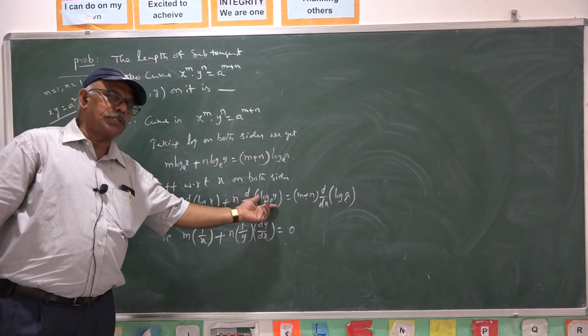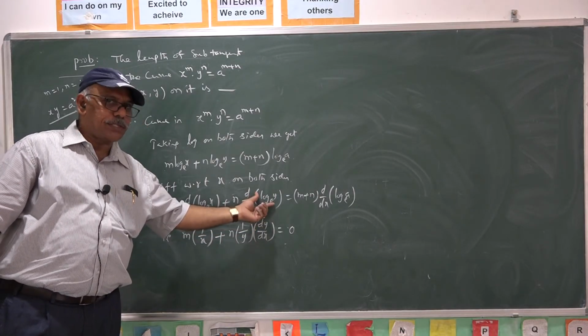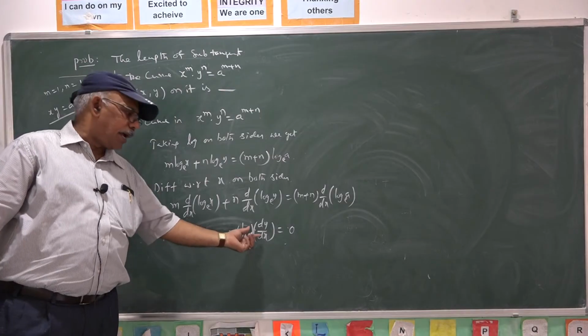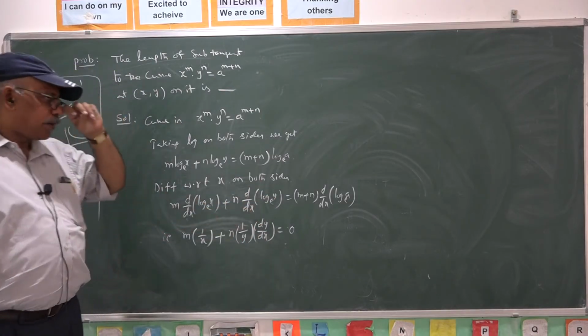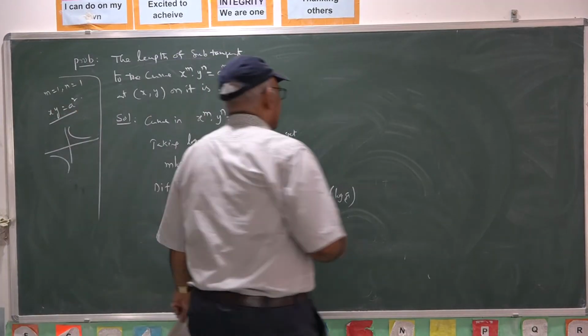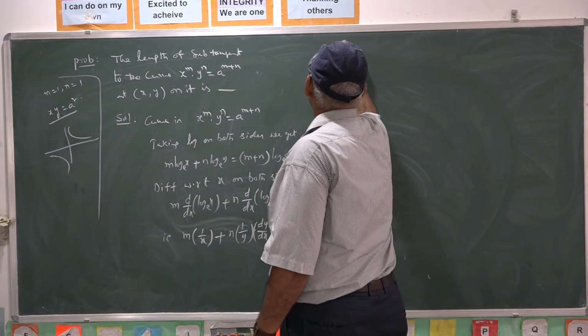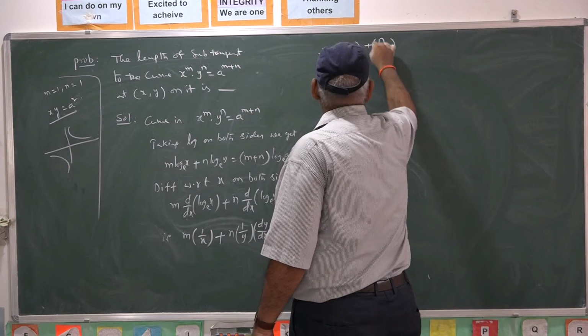Here, since it is a function of y, taking the derivative with respect to x, at first differentiate this function with respect to y and then take the derivative of y with respect to x, by function of function. So from this, dy by dx is clearly, m by x plus n by y dy by dx is 0.